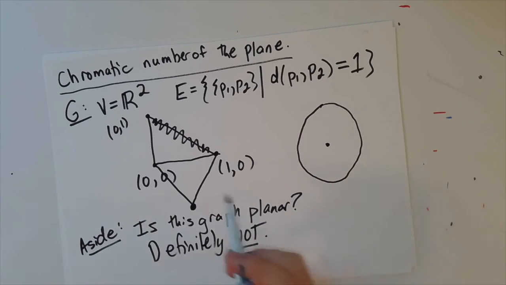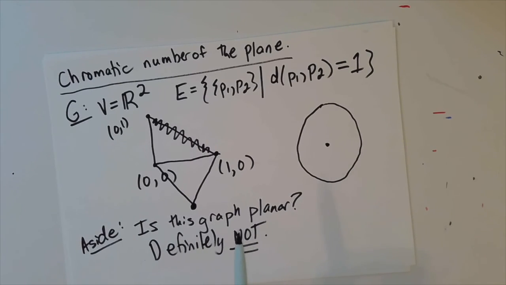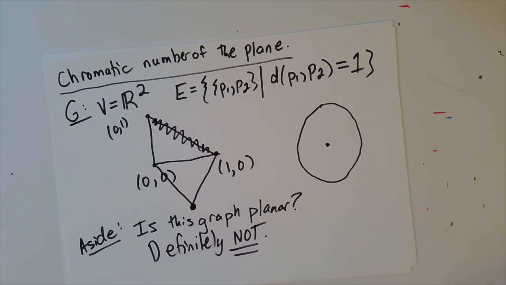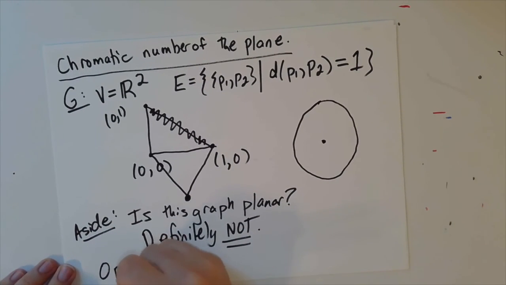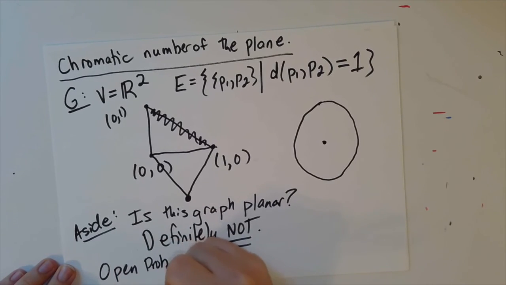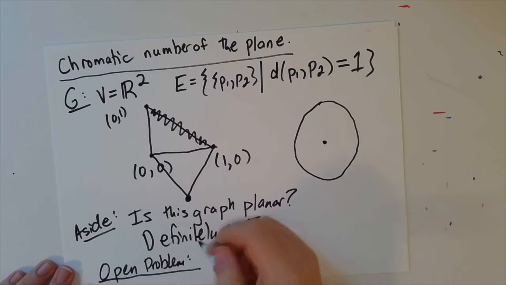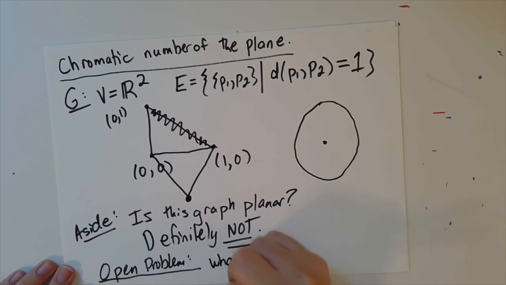If you really want to prove this, what you have to do is find a subgraph of this graph that you know isn't planar. So if you could find a K33, for example, that would be one way to show that this graph is definitely not planar. But it is an open problem to ask, what is the chromatic number of this graph?